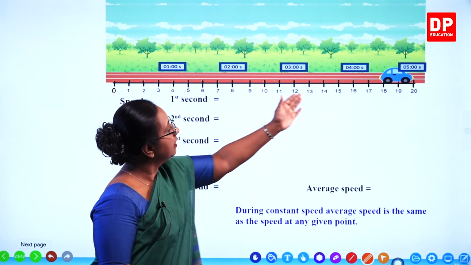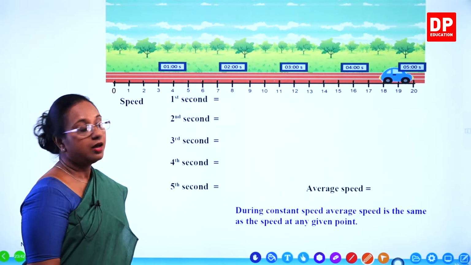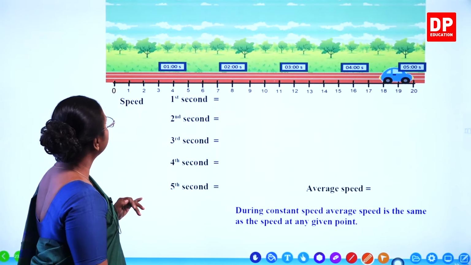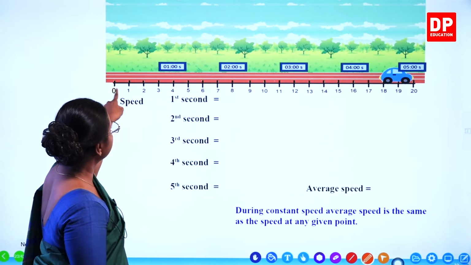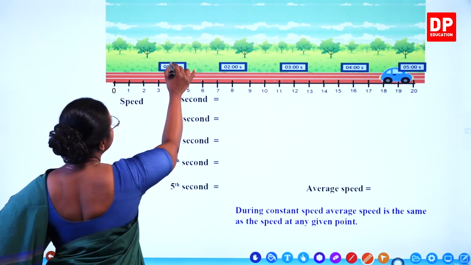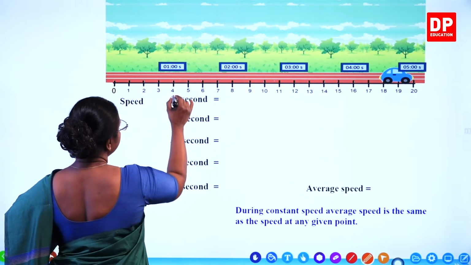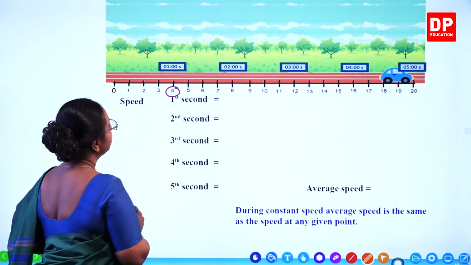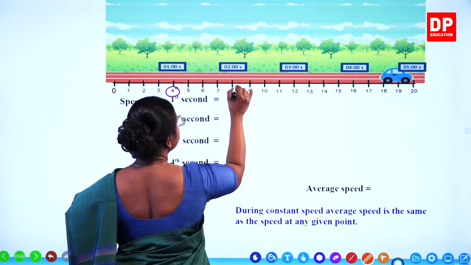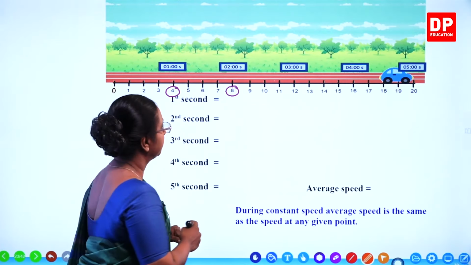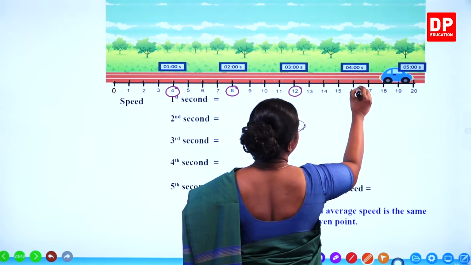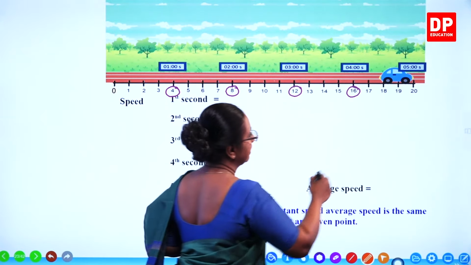Here again, a road is shown to you all, a long distance road where a car is traveling starting from the initial second, that is 0 seconds, and here the distances are shown to you. At the end of 1 second, you can see the car has reached the 4 meter mark. And at the end of 2 seconds, it has reached the 8 meter mark. 3 seconds, 12 meter mark. 4 seconds, again 16 meter mark.